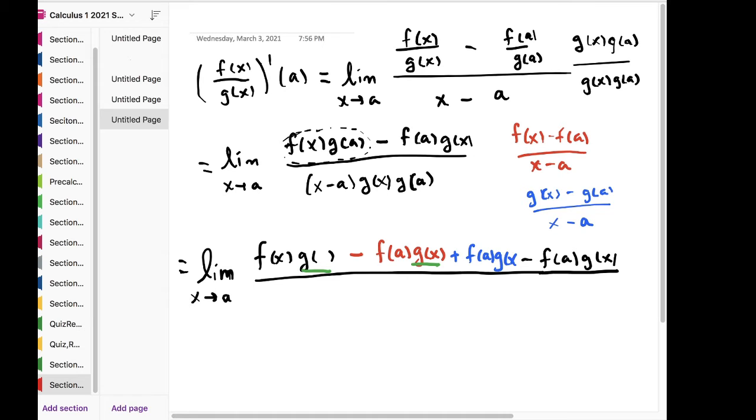This is g of a. I miswrote it. So this should be g of a. Oops. Sorry about that. Miscopied. This is g of a. All right, so now it makes sense that f of a can get factored out. Everyone see that?